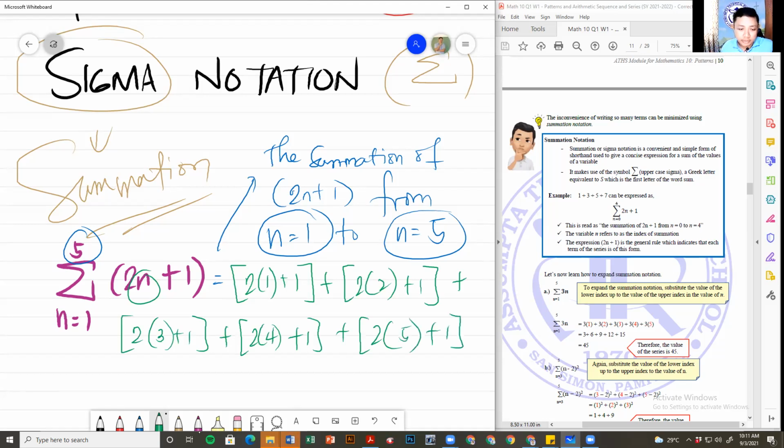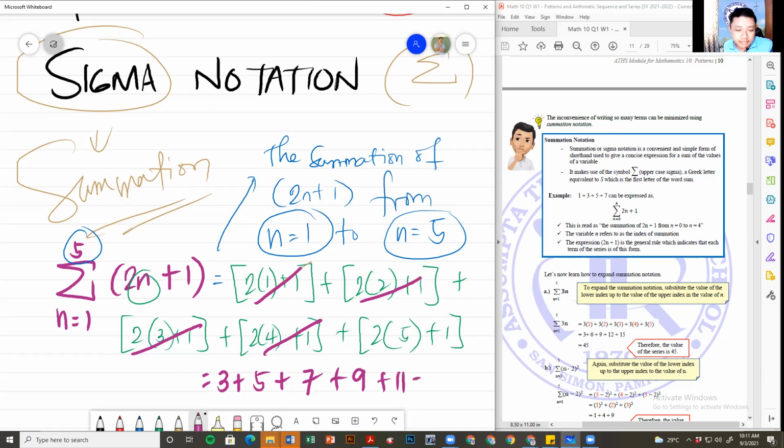And then we just simply need to solve this. 2 times 1 plus 1, that's 3. Plus 2 times 2, 4 plus 1, 5. Plus 2 times 3, 6 plus 1, 7. Plus 2 times 4, 8 plus 1, 9. Plus 2 times 5, 10 plus 1, 11.